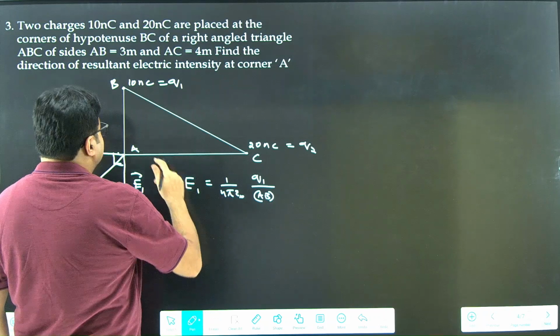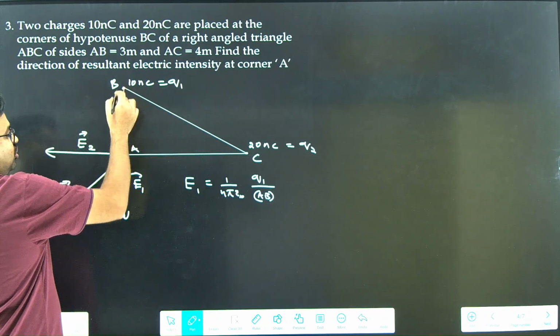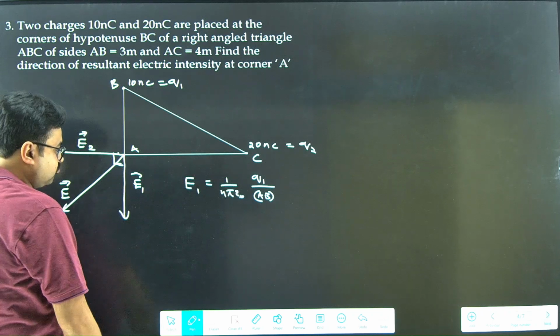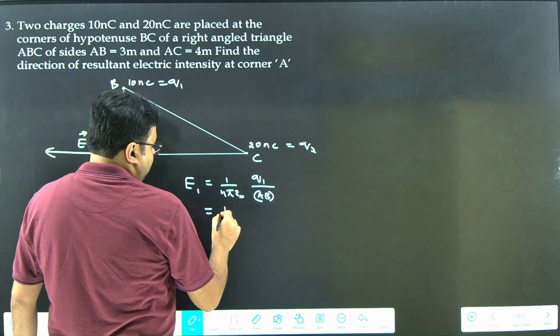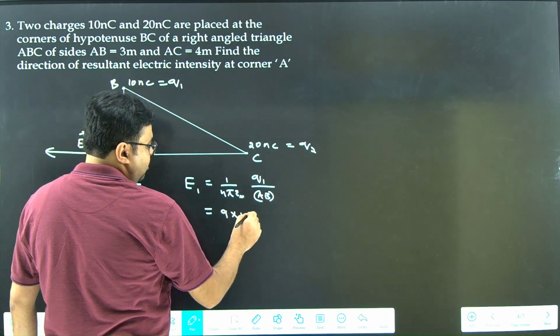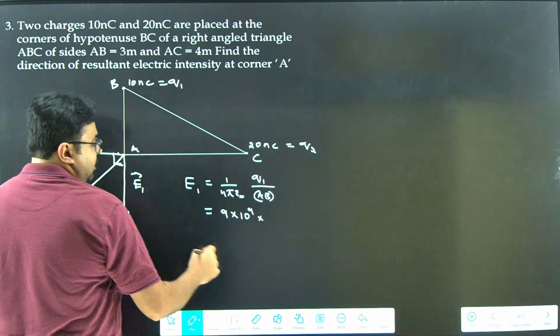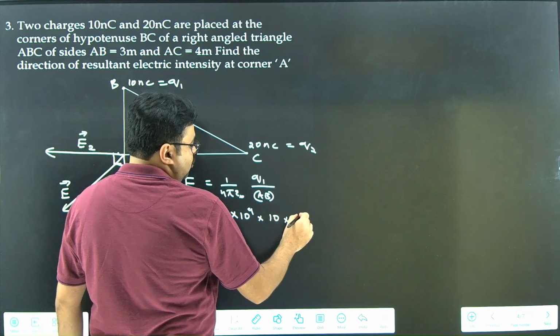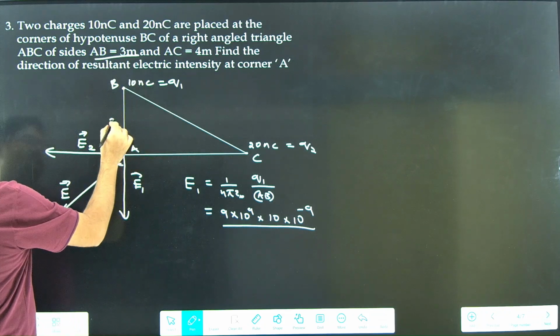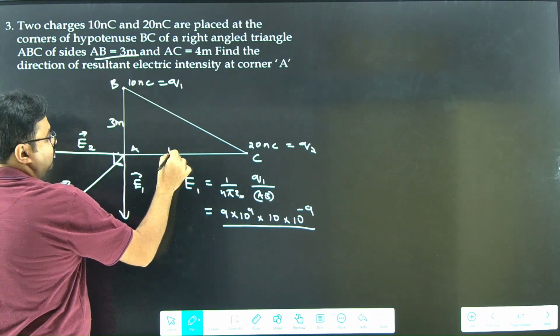When that is the case, the electric field produced by charge q1 at point A is E1, and it's given by this. Let's substitute. We have 1 divided by 4 pi epsilon naught, value being 9 into 10 to the power of 9, multiplied by q1, that's 10 nanocoulomb, divided by AB, which the question says is 3 meter, whereas this is 4 meter.